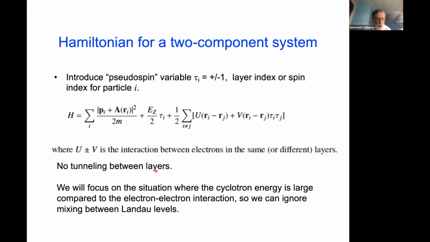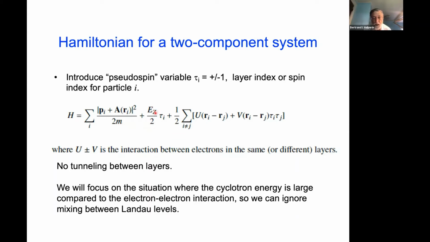So just to remind you, we have the Hamiltonian for the two component systems I'm going to be looking at. We describe them in terms of each particle having a position, and we introduce a spin variable or pseudo spin variable, tau, which can be plus or minus 1. i labels the particle, and we have a Hamiltonian which has a kinetic energy part of the particles in the magnetic field, with some effective mass m, let us say.